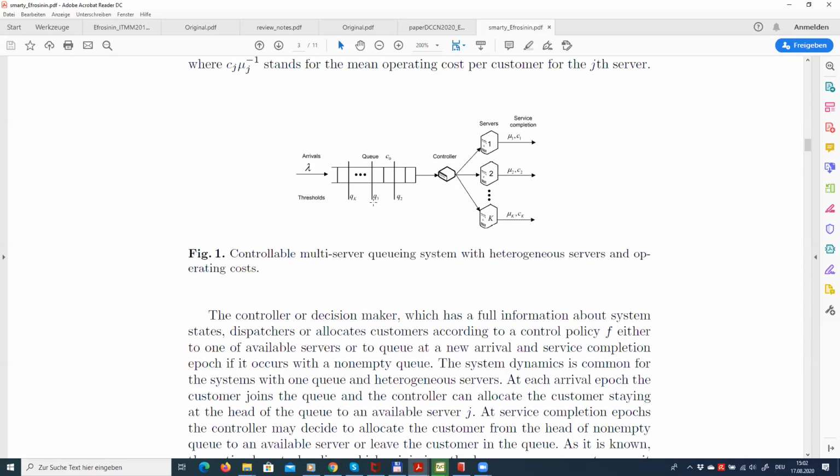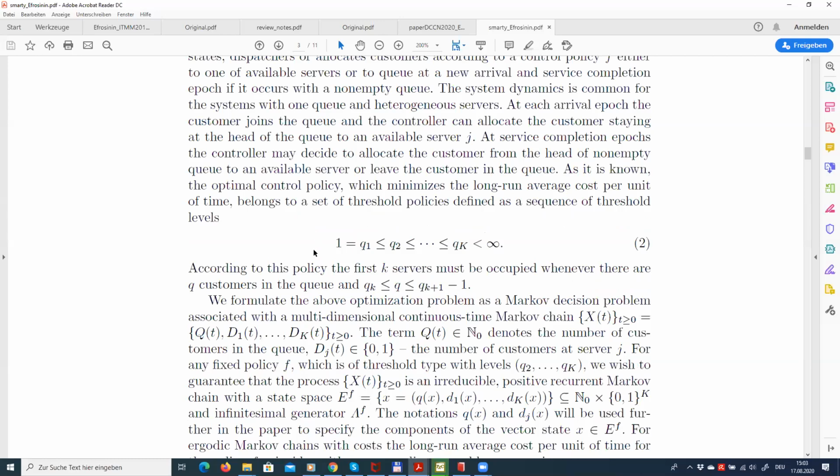The first server, that is the most efficient one, must be used whenever it is free, and it is possible to prove this theoretically. That means the threshold level for the first server is always 1. This condition we take into account.